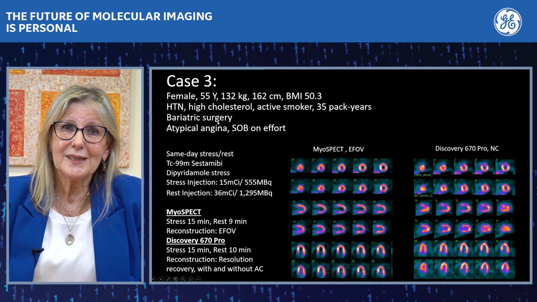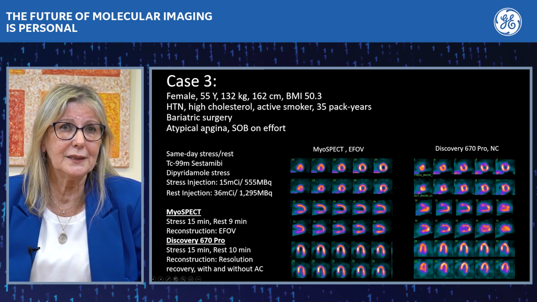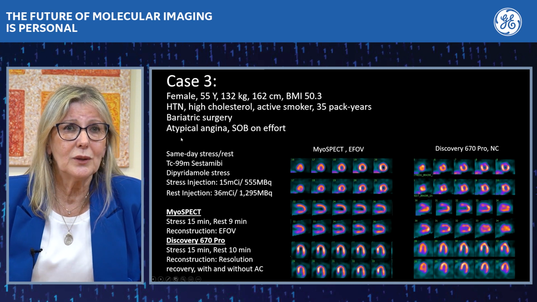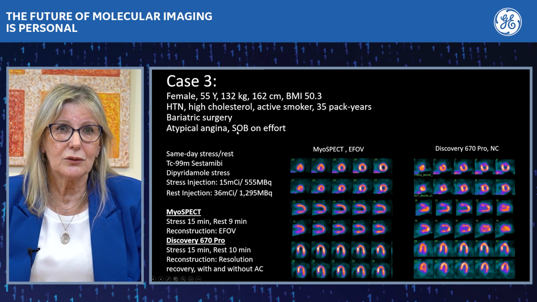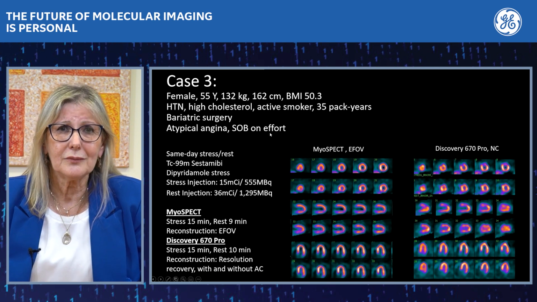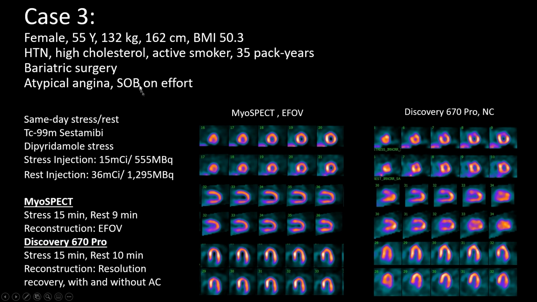She had bariatric surgery a few years ago and was referred for nuclear testing because of atypical angina and shortness of breath on effort. So this patient, the same as the first case, was recruited for our study comparing the MyoSpect imaging to a conventional camera imaging.